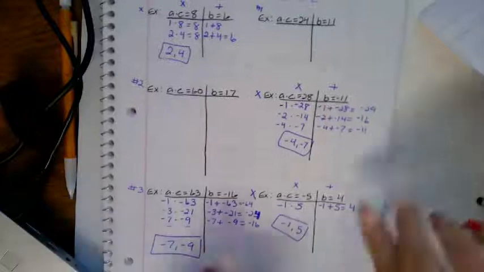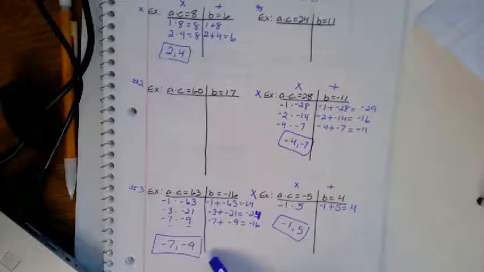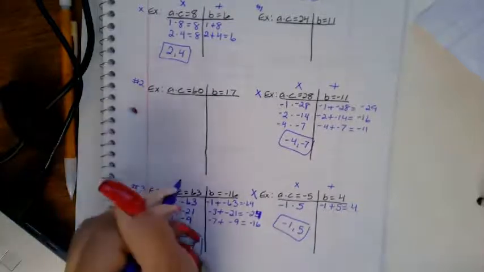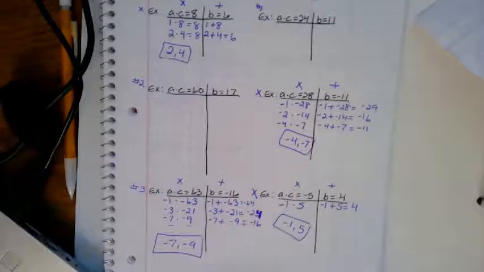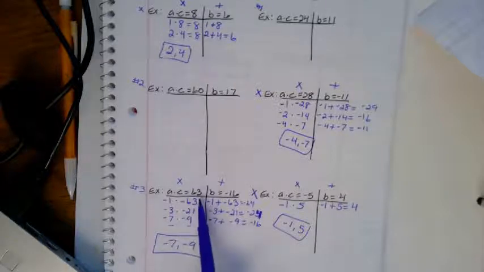So on question 3, are you just going down each number to see which number goes into 63 to get negative 16? Yeah, so we start with our 1 or negative, whatever it has to be, right? And then the reason I went to negative 3 is because 2 is not divisible into 63, right?